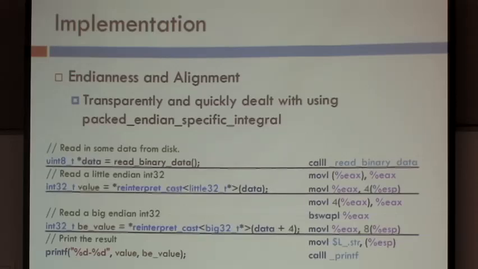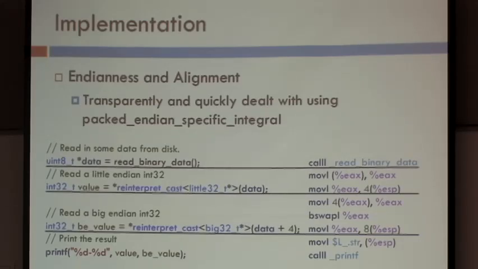So you just cast to that and dereference it, and then there's an operator that converts that into the host format at runtime. As you can see here, the assembly generated is simply just movl, which is just a load of 4 bytes, and then put it into the stack.